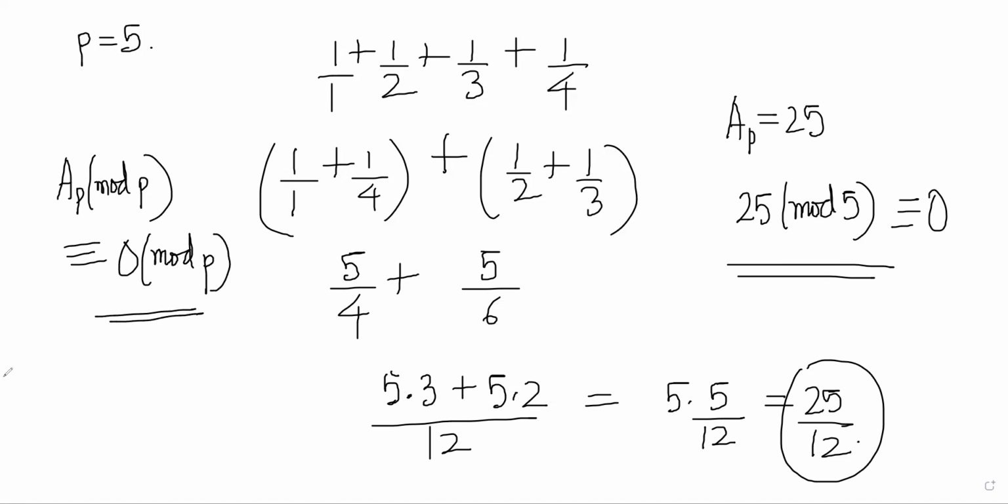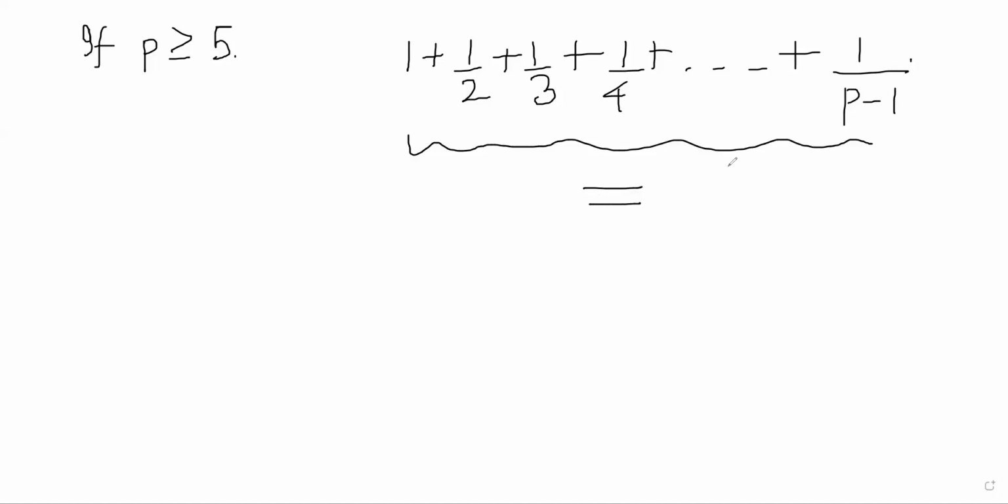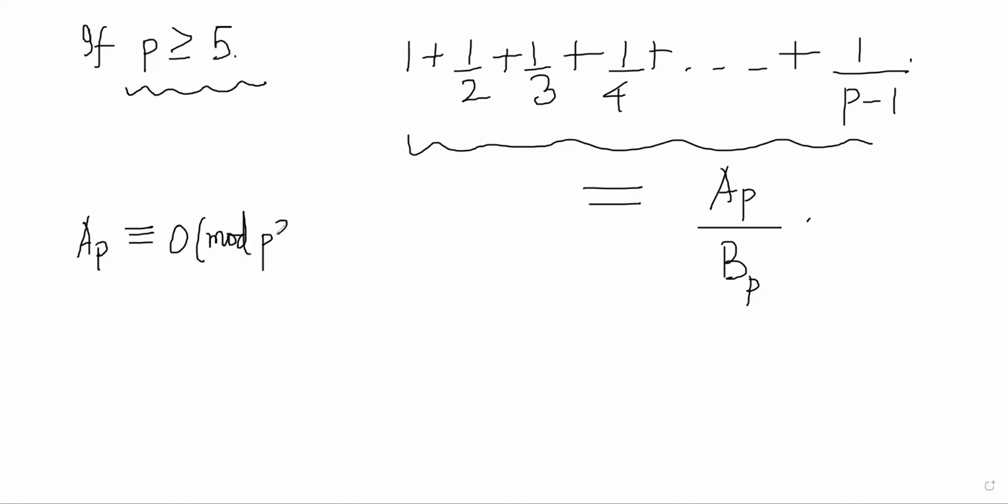By the way, you can test it out for different primes. If prime P is greater than or equal to 5, you have the sequence like this till 1/(P minus 1). We can also say that this is equal to AP/BP. It is possible to prove that if prime P is greater than or equal to 5, then AP is congruent to 0 mod P square.